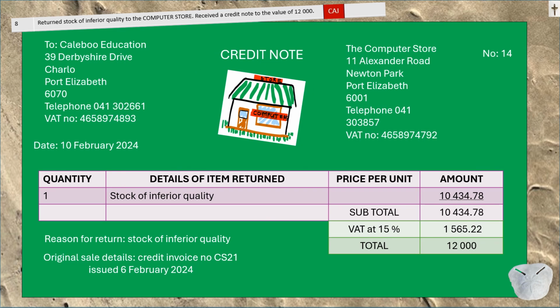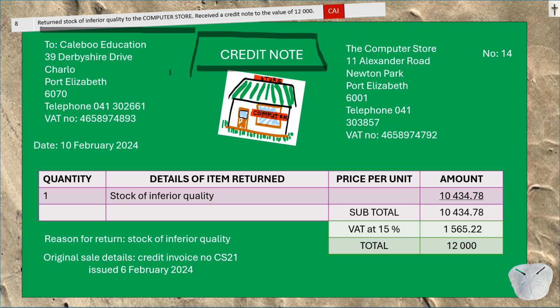This here is a credit note. For example, we returned stock to the computer store that we weren't happy with, and we received a credit. They accepted our claim for goods which did not comply with the order. By the way, we would have sent them a debit note, which is a claim for goods which did not comply with the order.